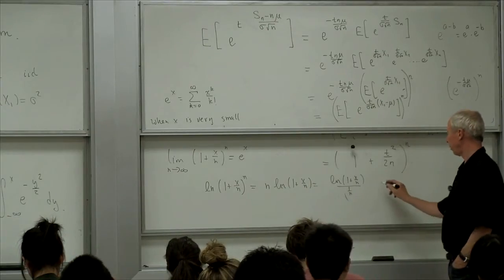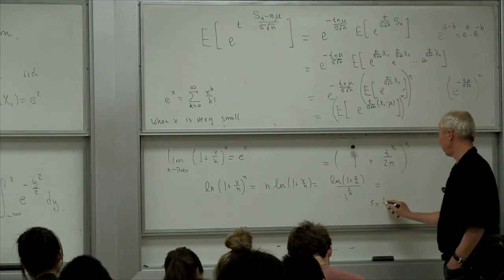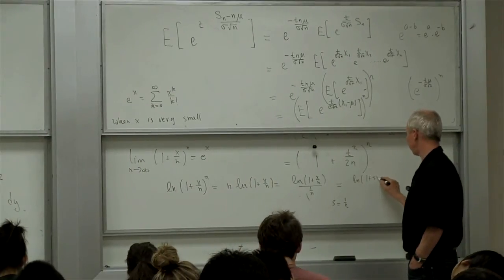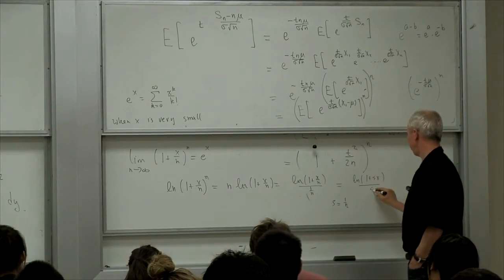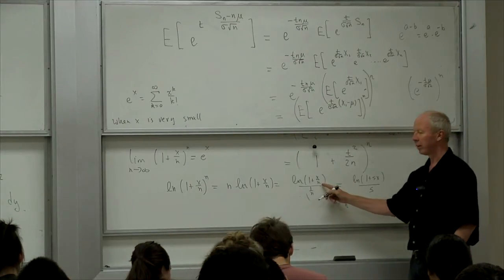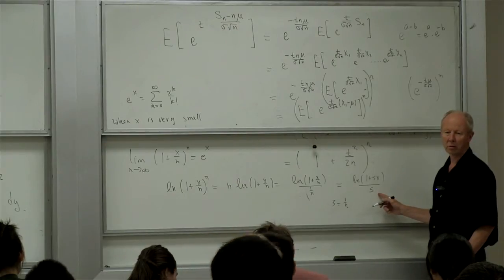Okay, so if we write s equal 1 over n, this is the log of 1 plus s times x, over s. And taking the limit n goes to infinity corresponds to taking the limit s goes to 0.